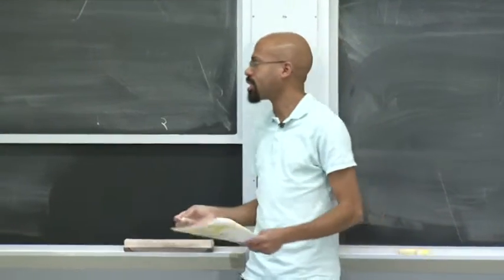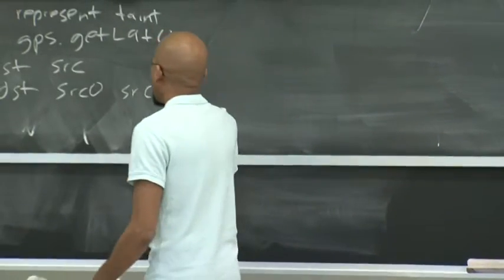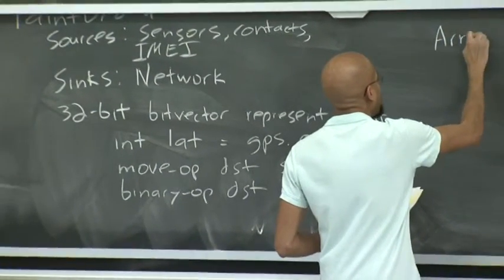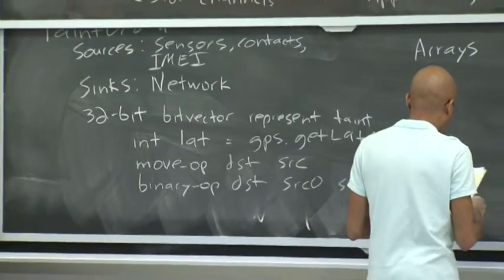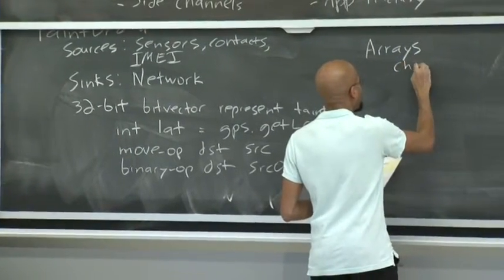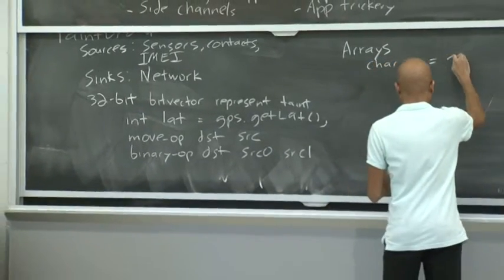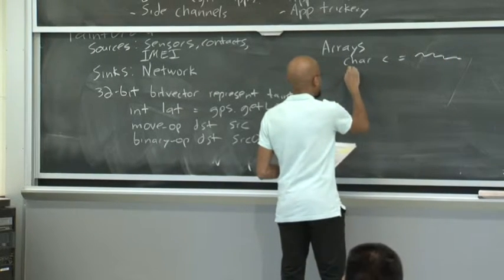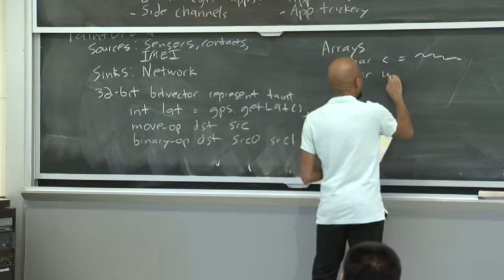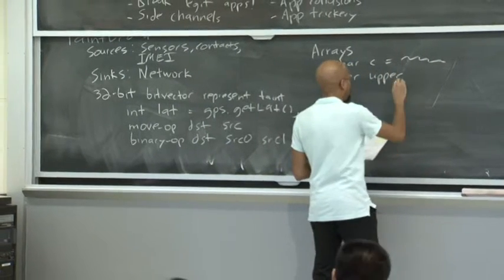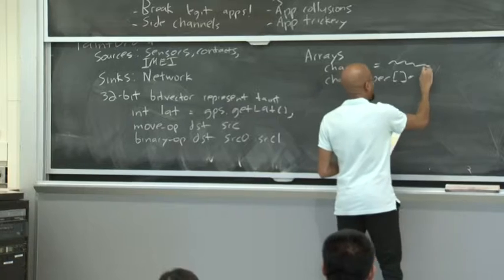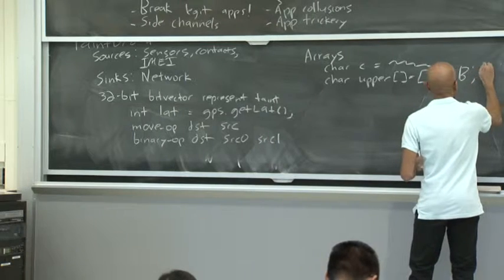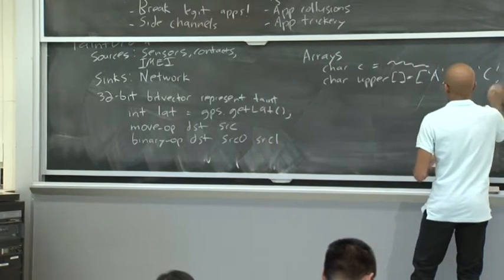Now, there are some interesting special cases that they mention in the paper. One of those special cases involves arrays. Let's say you have some code that declares a character, and you get the value for the character somehow; it doesn't really matter. Then let's say the program declares an array, which we'll call upper, that basically holds uppercase versions of letters.